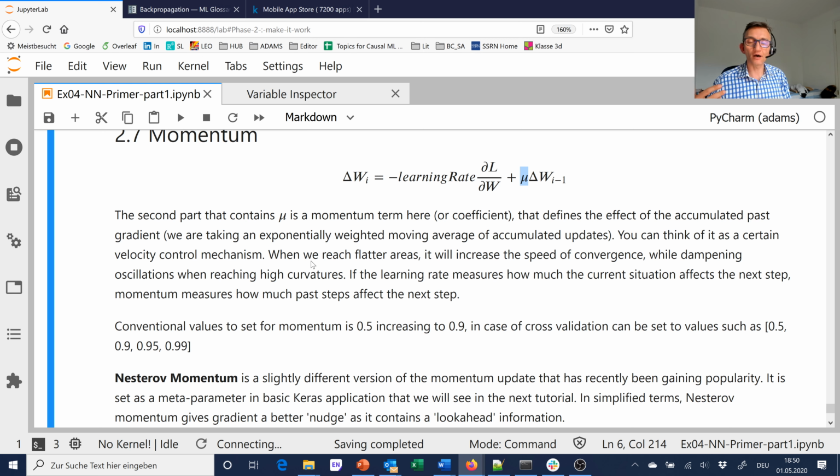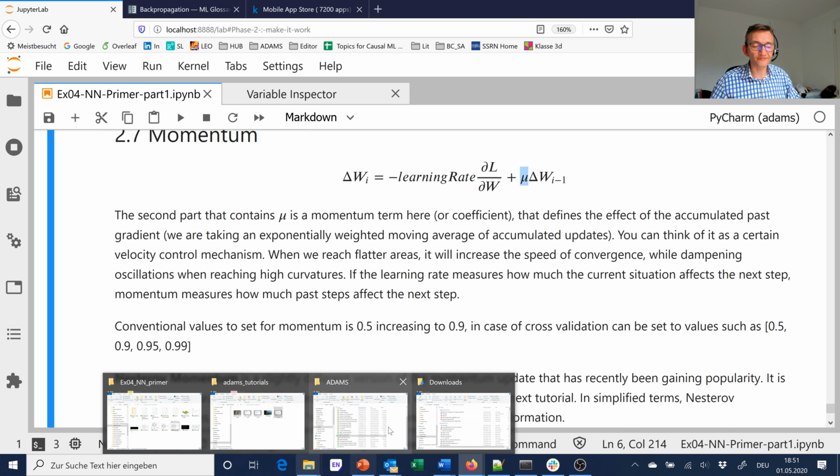Gradients can get very large, and that can lead to bad updates. We discussed that in the lecture. So in such a region, this term here, where you consider previous updates, will hold you back a little bit. It will dampen the oscillations in regions of high curvature. That is the idea. I think velocity control mechanism is a good way to refer to that.